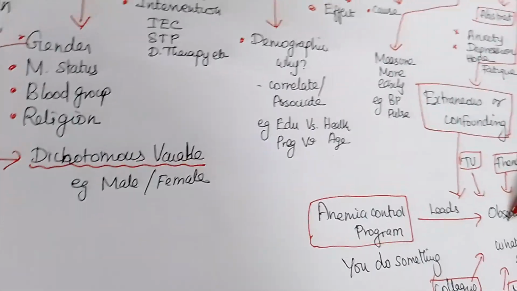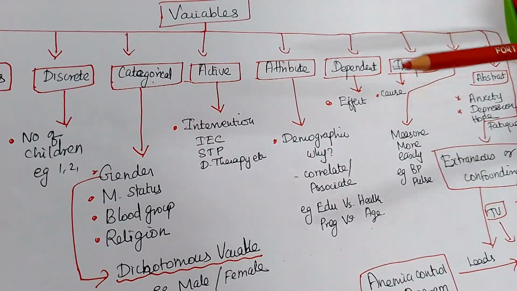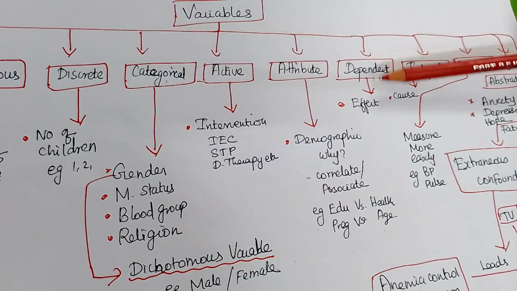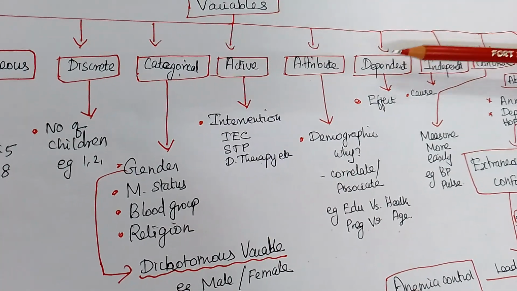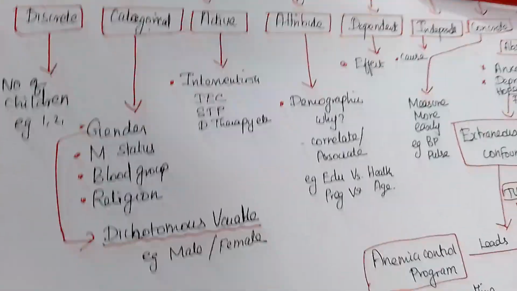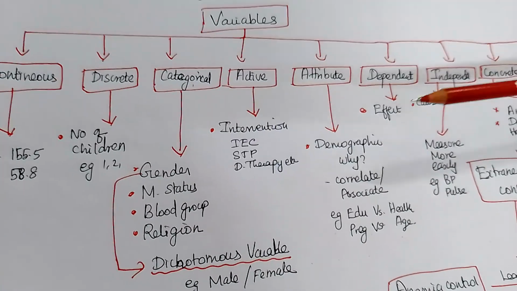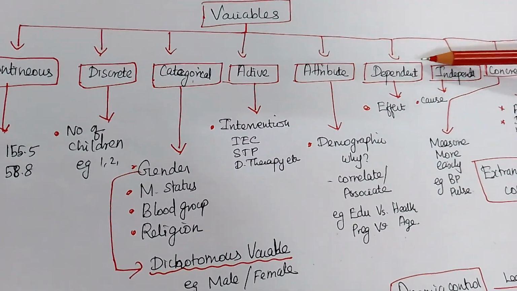Why am I learning all these things? As a researcher, you have to formulate a hypothesis. Hypothesis is like the backbone of the research. Only to test the hypothesis does the research progress. So as a researcher, you have to know what your dependent or independent variable is, what you are doing.